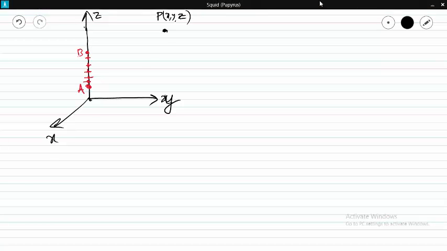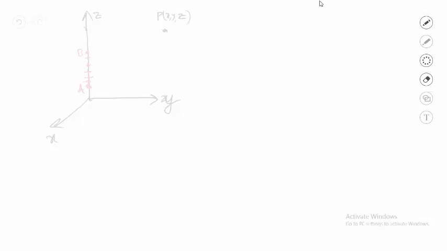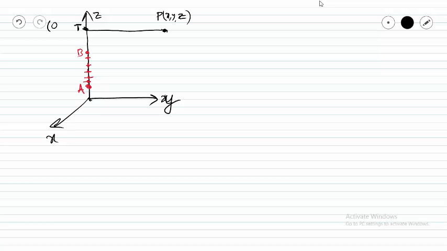Now let us project this point onto the z axis. Let us call this point capital T, and because this point is on the z axis, let us give the coordinates as 0 comma 0 comma z.